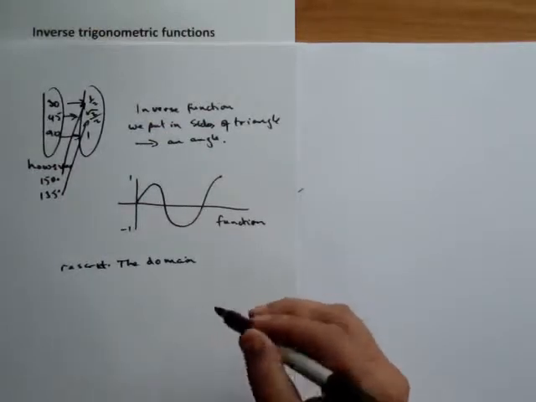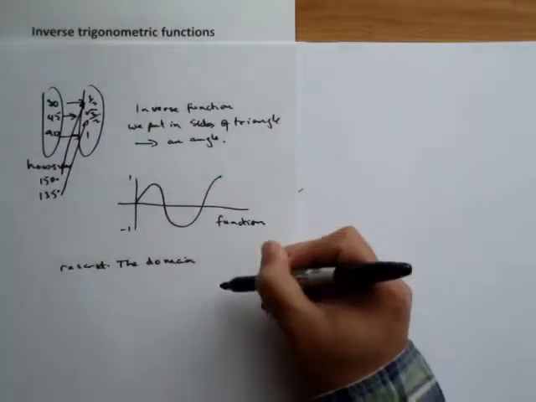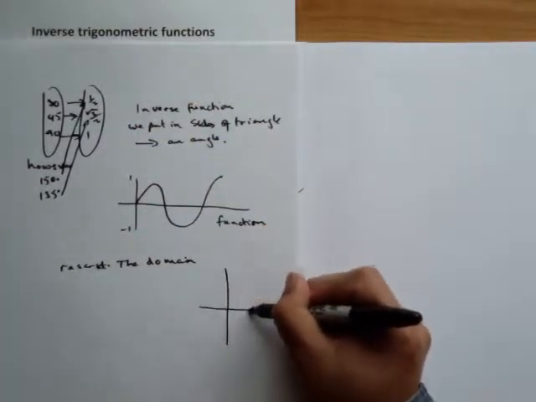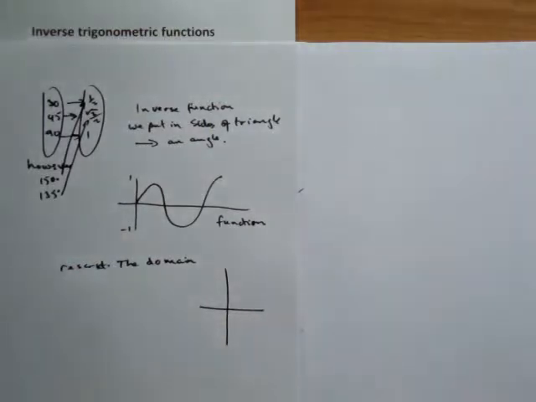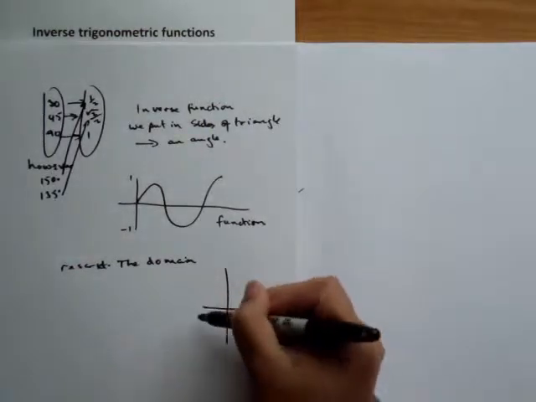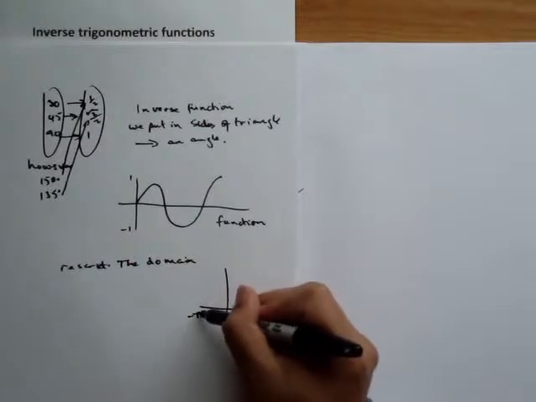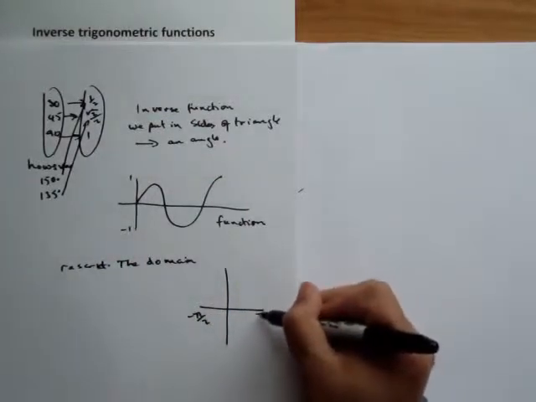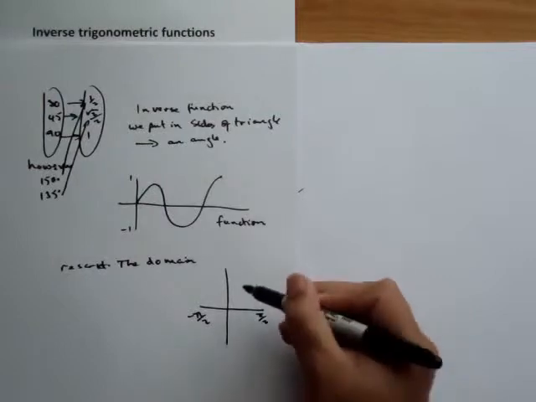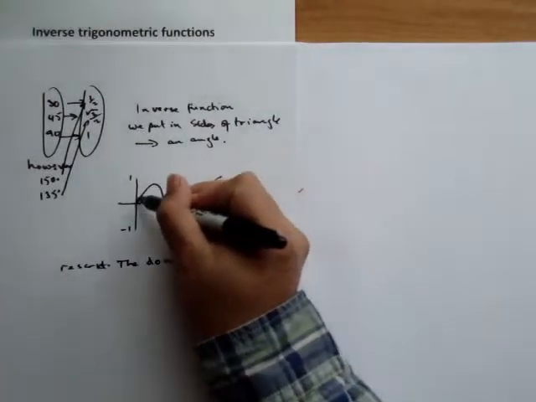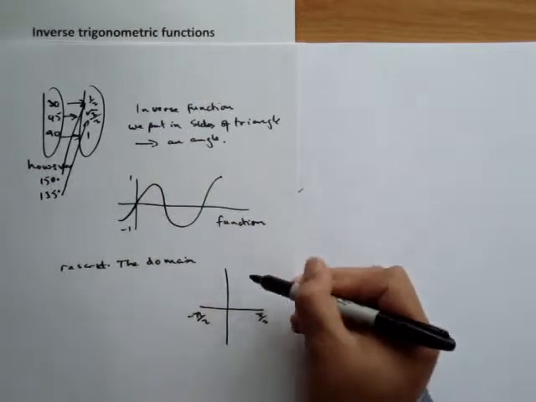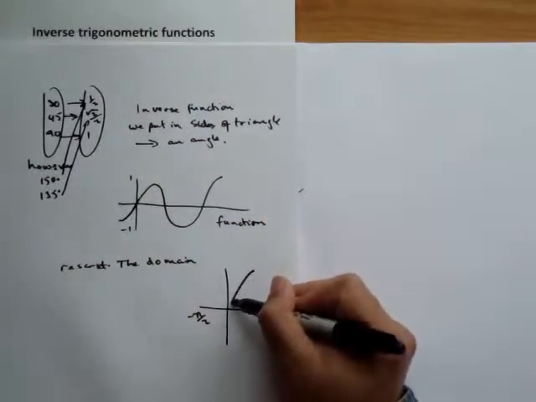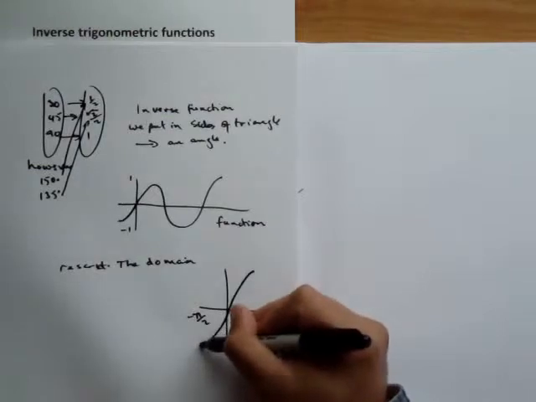So for example, in this sine curve, we'd restrict the domain to minus pi over 2 and pi over 2, and we'd be left with, if we bring that down here, so minus pi over 2, the sine curve would be here, goes down here and across there.